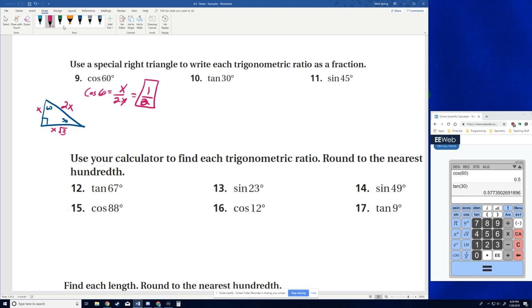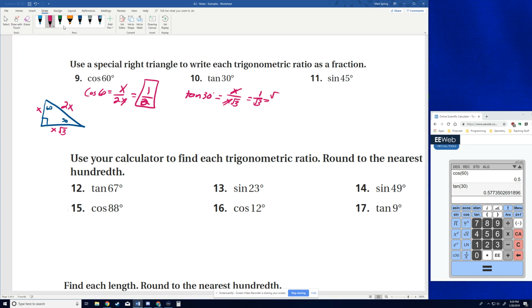So tan 30 is opposite over adjacent. From the 30-degree angle, opposite is x over adjacent, which is x root 3. The x's cancel, and we're left with 1 over root 3. We can't leave it like that. We have to rationalize the denominator: multiply top and bottom by root 3.